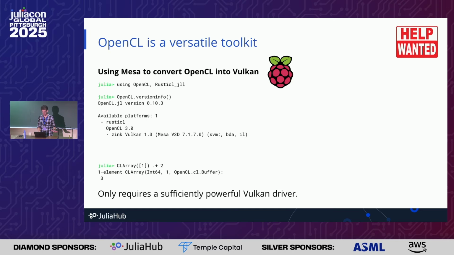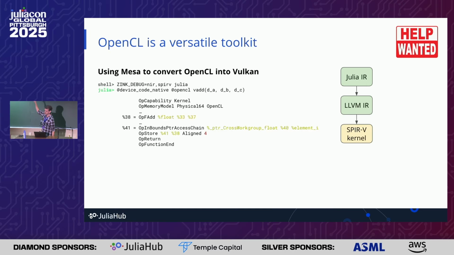And if you're interested in how this works, you can actually set an environment variable, the Zink debug environment variable. Here I'm setting it to NIR and SPIR-V, which will show the intermediate NIR code, which is Mesa's IR, as well as the output SPIR-V code. So first I'm showing the SPIR-V code that we generate using GPUCompiler, and you can see here that the OpCapability is Kernel, which means it is a compute kernel SPIR-V binary.